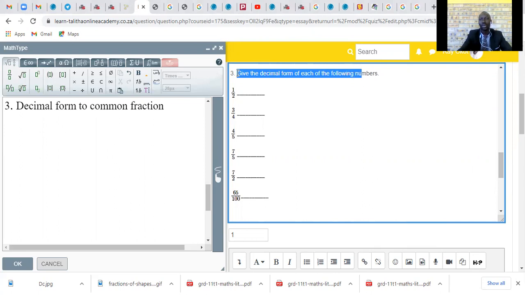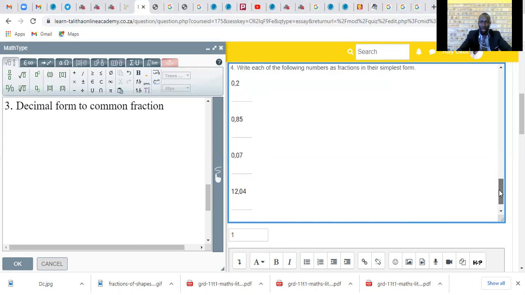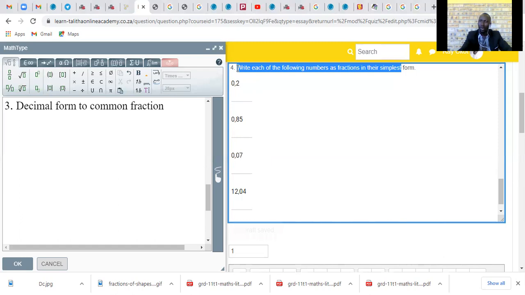Okay, now question 3 is actually the reverse of what we have been discussing. Question 4 would have been a much better option for us to start with. We write each of the following numbers as a fraction in their simplest form. What does this then mean? Well, let's first do question 4 before we do question 3.